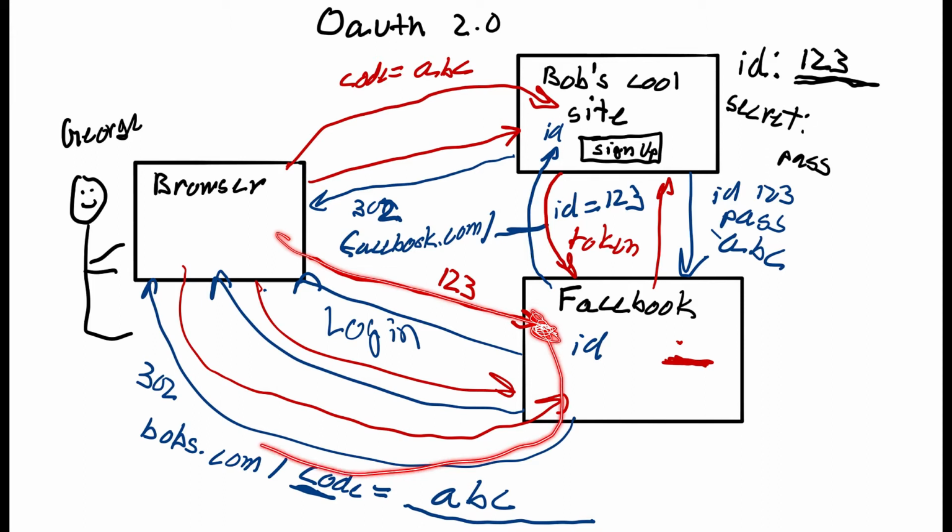So Facebook will just redirect him right back to Bob's Cool Site, and he'll be logged in. And George will have no idea that his browser made a request to Facebook, and that Facebook said, yep, everything looks great, and I'll send the code back. And then George's browser will do another redirection back to Bob's Cool Site. All that George will see, he'll click on this link, and then he'll be back on Bob's Cool Site, logged in already.